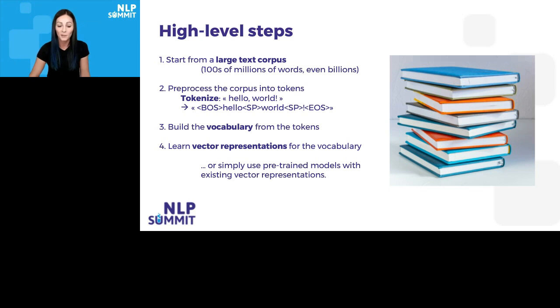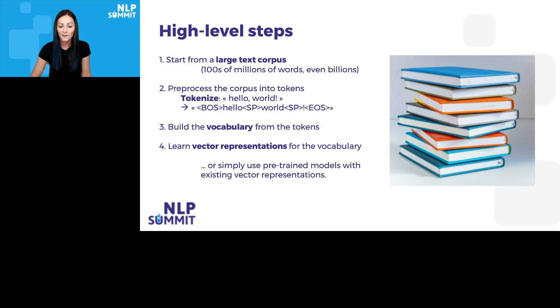So for example, hello world gets split up, as you can see here, into the different words. And then you build the vocabulary from those tokens and you learn vector representations for the vocabulary. If this sounds like a lot of work, it definitely is. But the good news is we can actually use pre-trained models that already have those existing vector representations. And we will see this when we start with BERT.